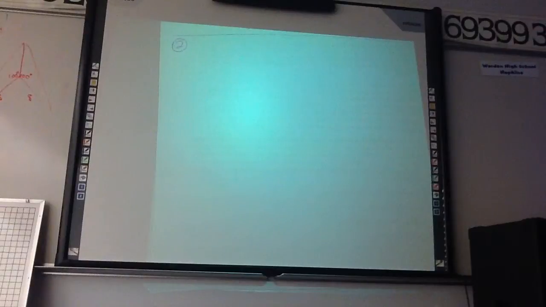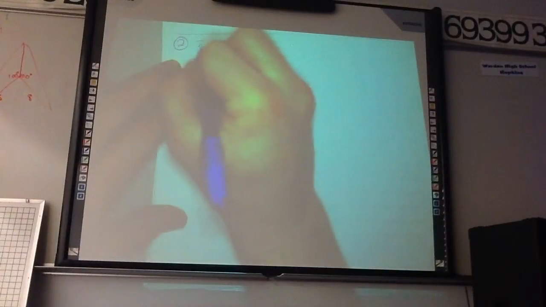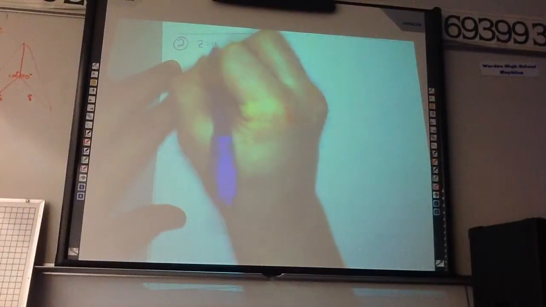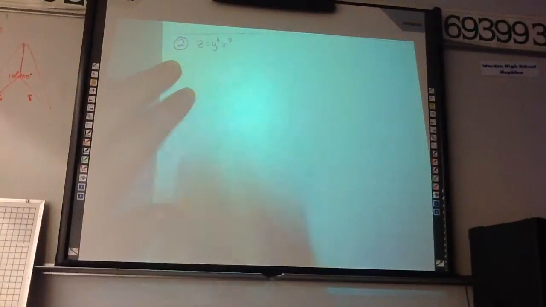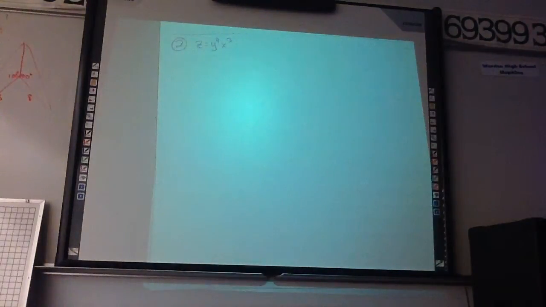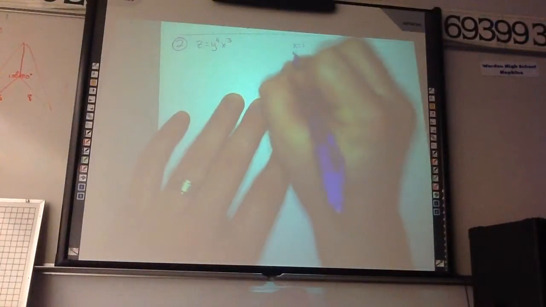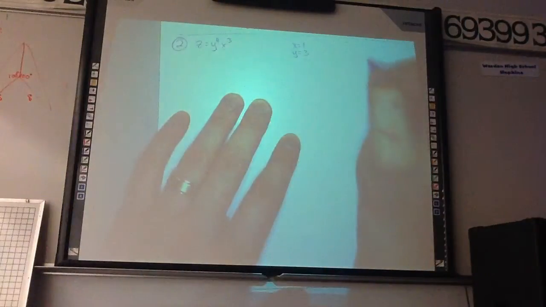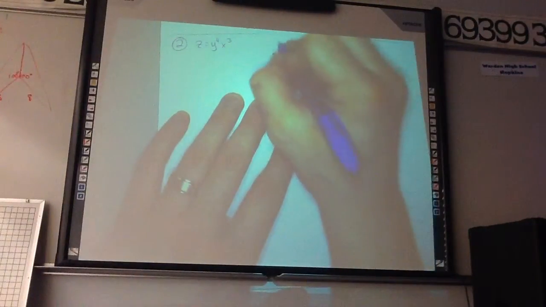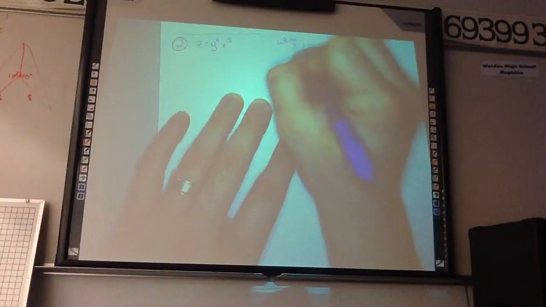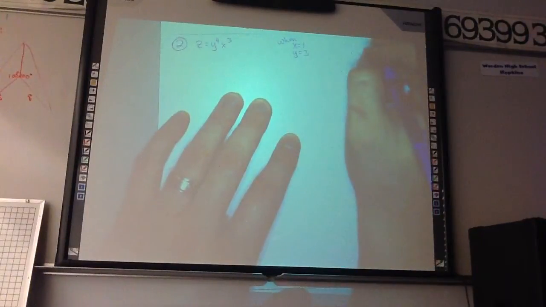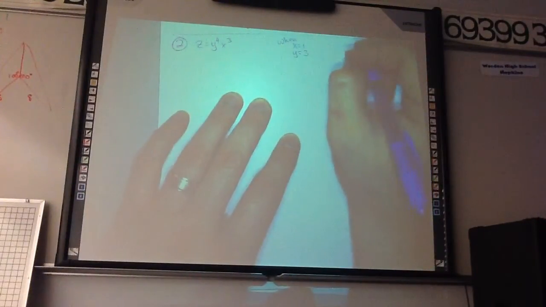Suppose z equals y to the 4th times x to the 3rd. Now we have at the instant when x equals 1 and y equals 3, x is decreasing at 2 units per second. What do you think that tells us?